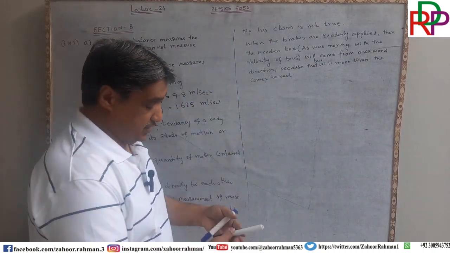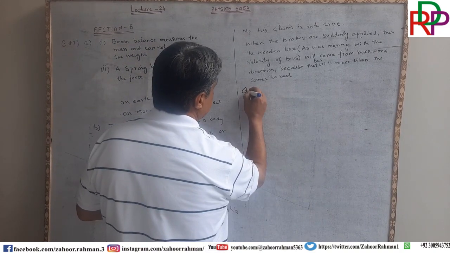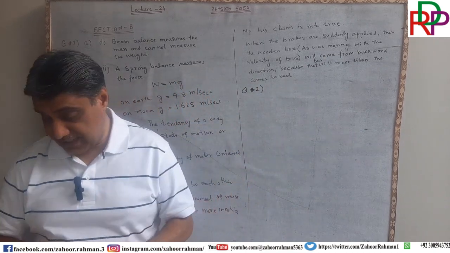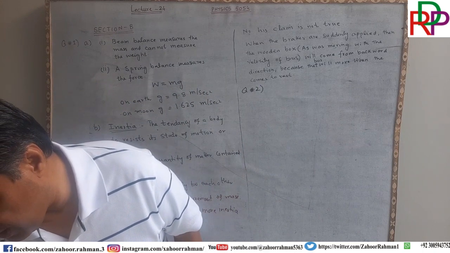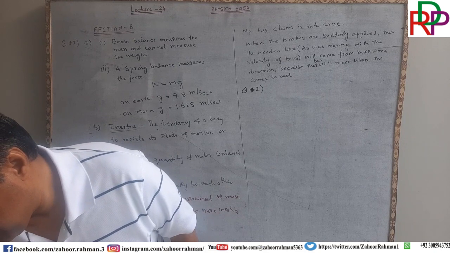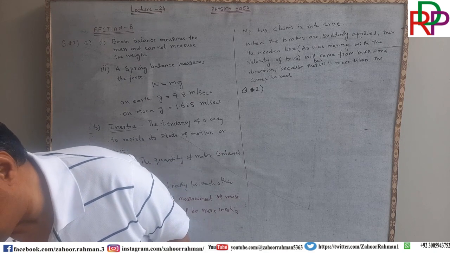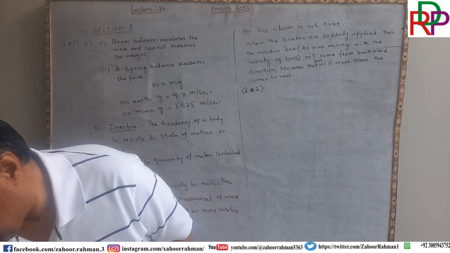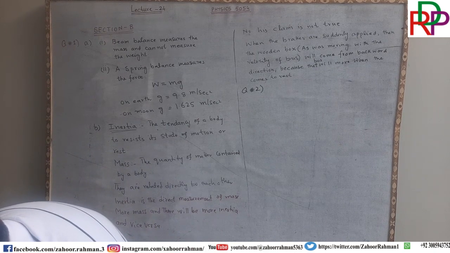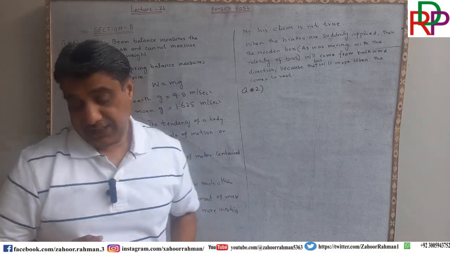Now question number 2. Question number 2 is saying the moon has a gravitational force 1 over 6 that of the earth. If a person has a mass of 60 kilogram on the earth, how much will he weigh on the moon?